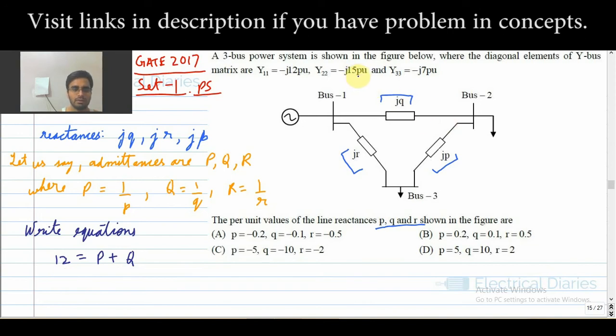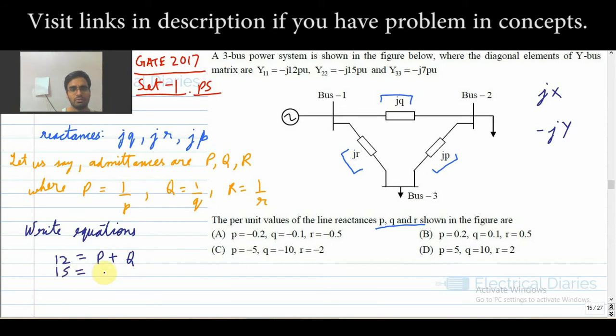I'm not considering signs because, I hope you know this, if your reactance is X, then your admittance will come out to be minus J by X. So there will be negative signs here, but I will just take out the values and put the signs according to my logic, to avoid all sorts of confusion.